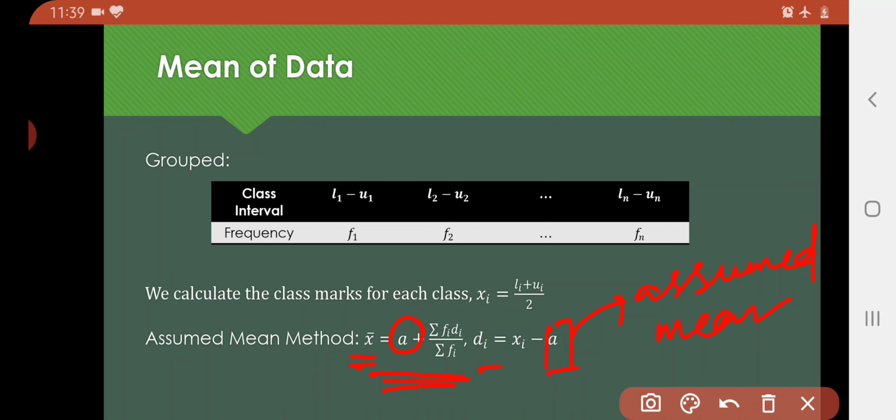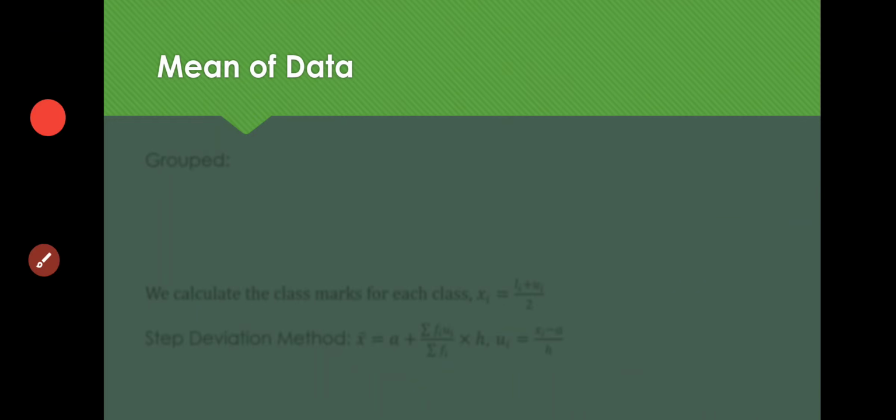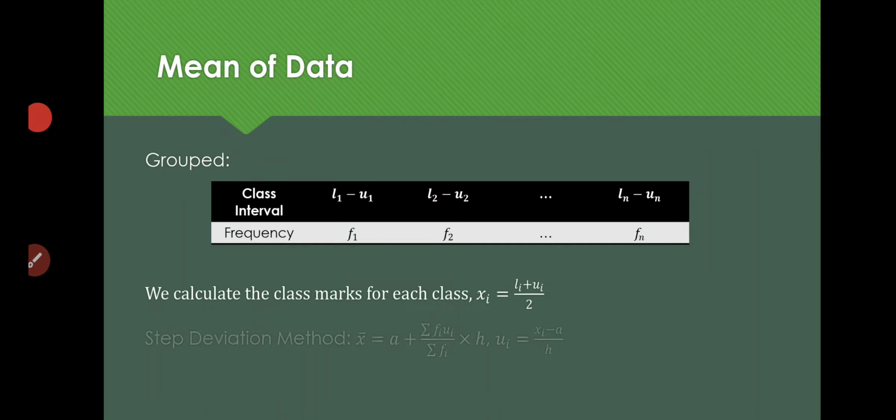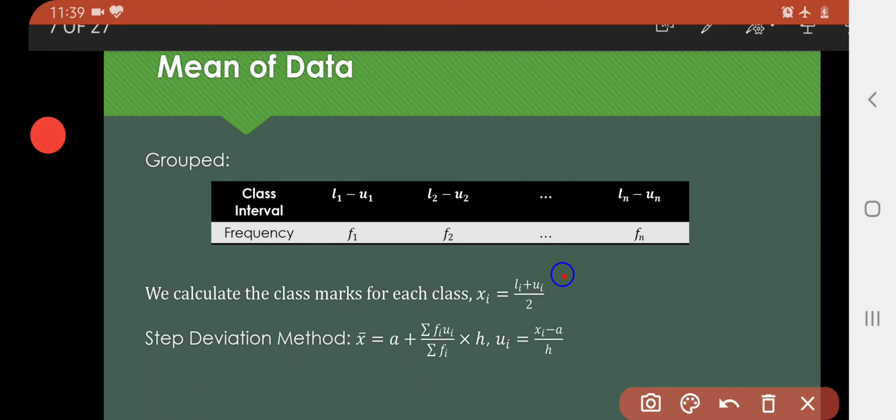Then the next one is the step deviation method. Step deviation method is almost the same thing. Now here I have one small issue. Mind you, this ui and this ui are not the same. I should have used a different nomenclature for this, but I now realize that I have made this one mistake.